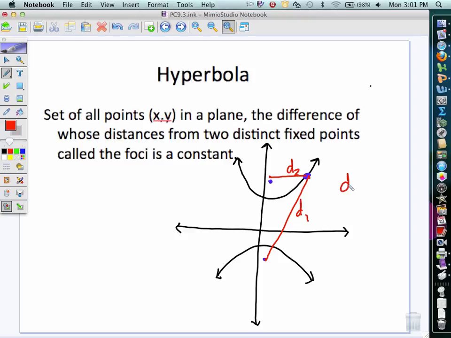If I do D1 minus D2, it equals some constant, and that constant is the same no matter where this point is. If I put this point on the other side, or even down here, the difference between these two segments is also C. Doesn't matter where that point is, it can rotate around. It can be on either section, top or bottom.